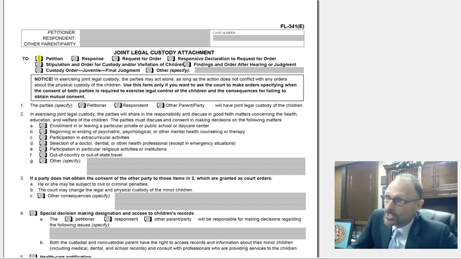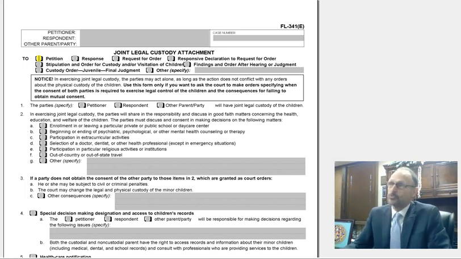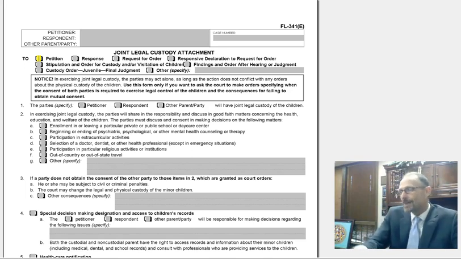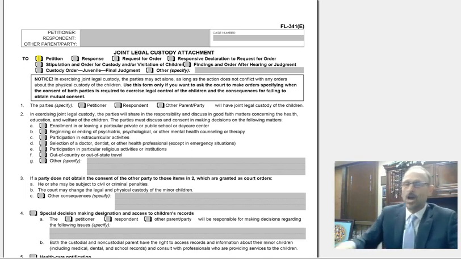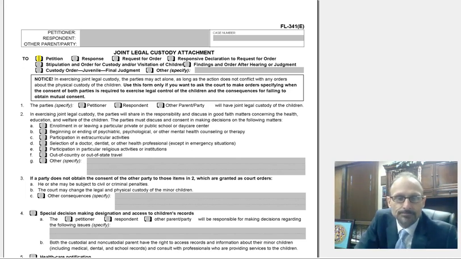If you think that there's a concern, or you want a rule that you both have to agree on any out-of-state or out-of-country travel, then mark that box. If there's some other issue, you can mark it under other and then specify in that next box.